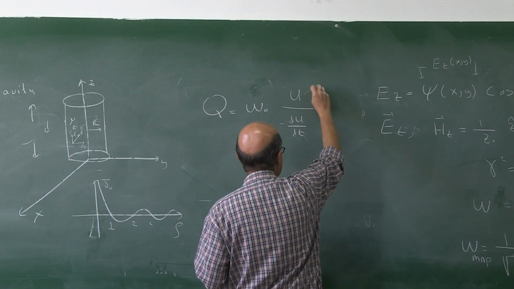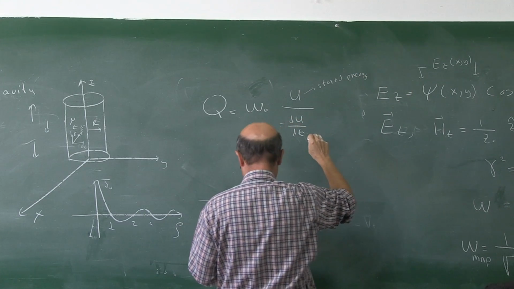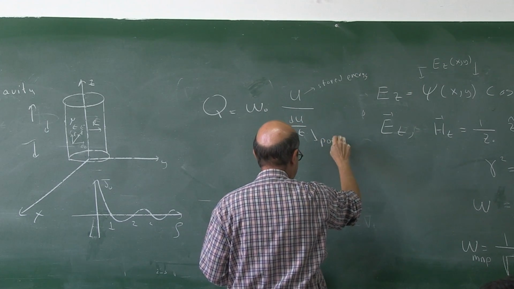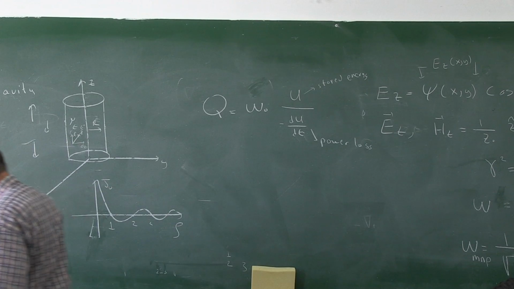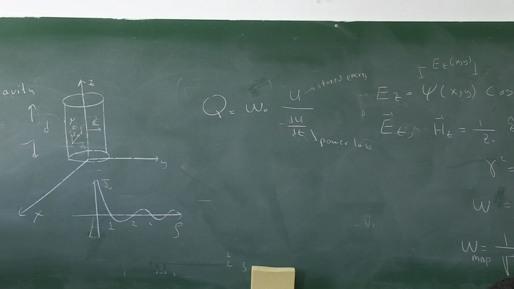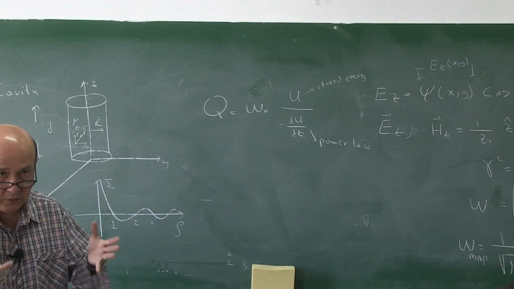So that is the stored energy per power loss, where the power loss is at the surface of the cavity. Qualitatively, how are you going to calculate the stored energy and the power loss? The stored energy could be calculated easily using the fields. You have the E and B fields, and you can calculate the energy density integrated through the volume.